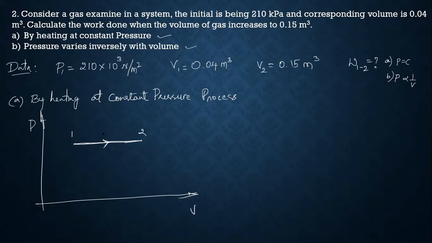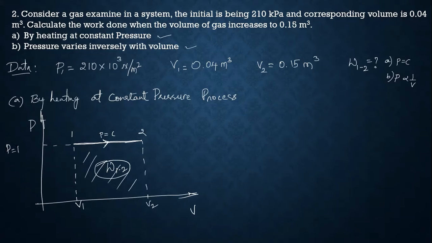Change of state from 1 to 2. Constant pressure. Here is the corresponding volume V1, and here the corresponding volume V2. Area below the curve in any PV diagram is work done. This is work done. We have to calculate that.